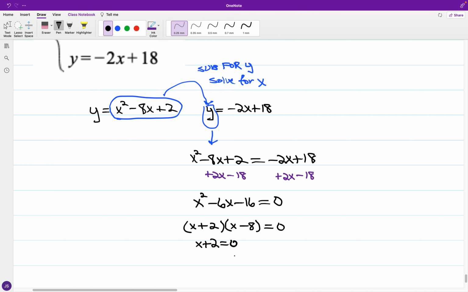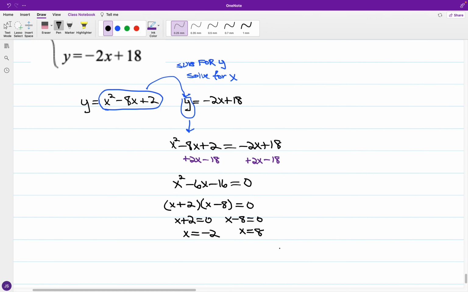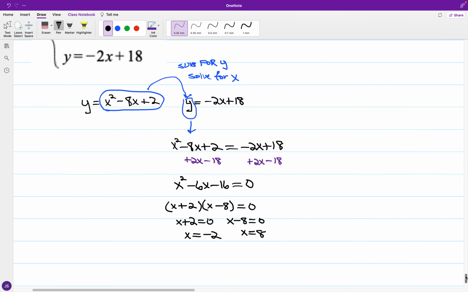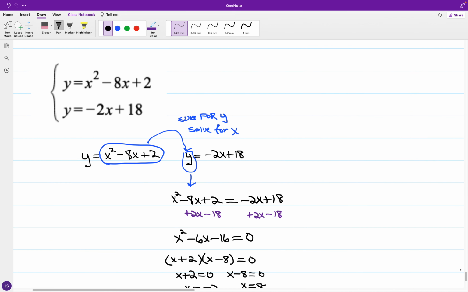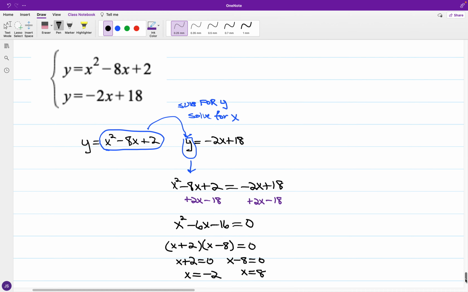And for x plus 2 equal to 0, we have that x is equal to negative 2. And for x minus 8 is equal to 0, we have that x is equal to 8. So we have our x values. Now in terms of solving for y, we've got these two equations, and if you've got different degrees, always go with the simplest equation.